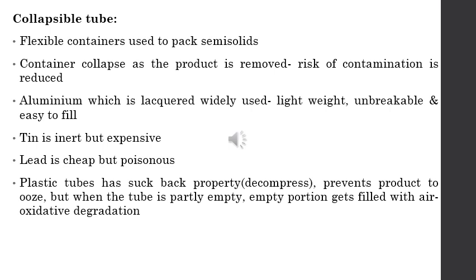Aluminium is lightweight, unbreakable, and easy to fill. We can also prepare collapsible tubes using tin, which is inert, but it is expensive. Lead can also be used for preparing collapsible tubes. It is cheap but is poisonous.